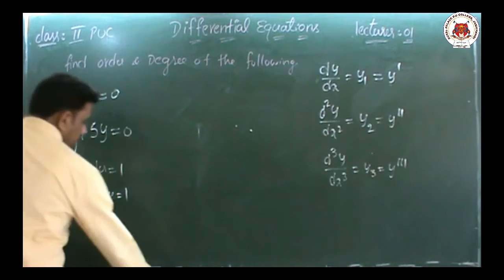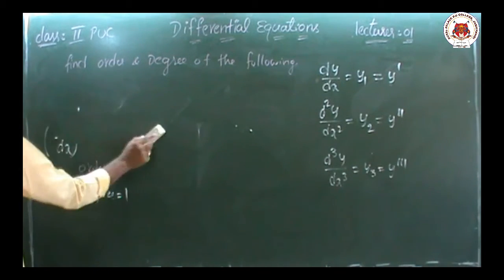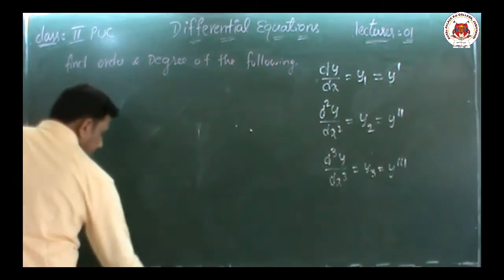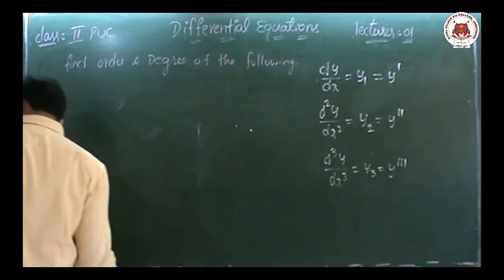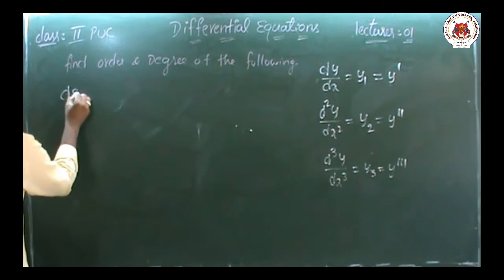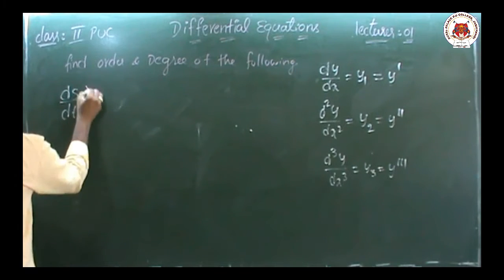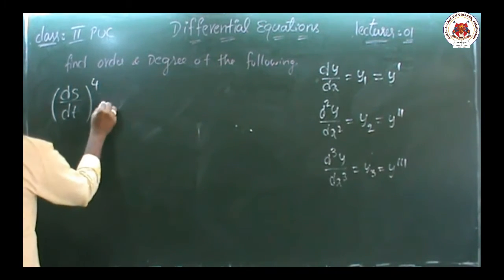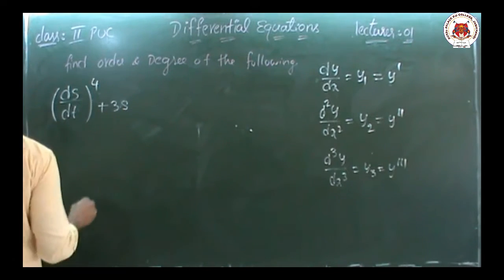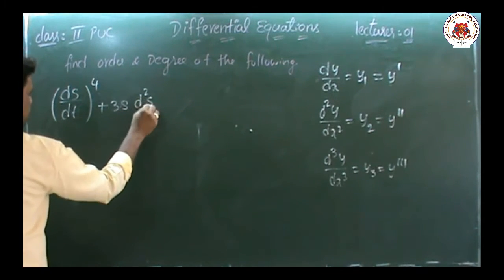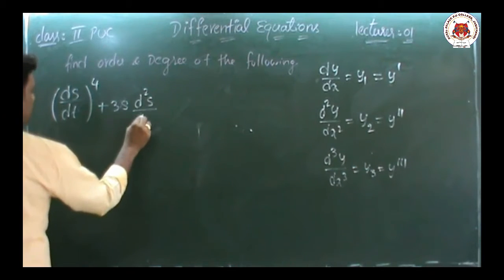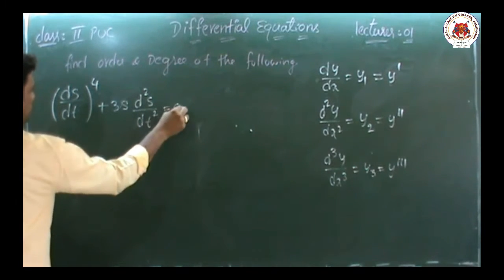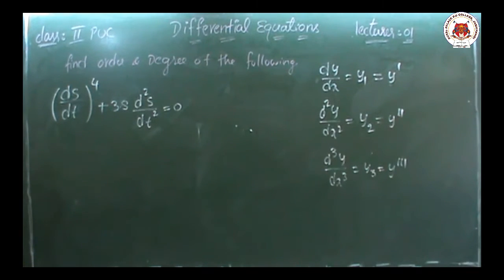Now we will go to another question, the third question of this model. The third question is (ds by dt) to the power of 4 plus 3s into d square s by dt square is equal to 0. He is asking to find the order and degree.